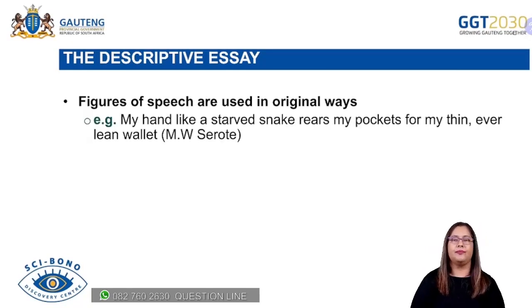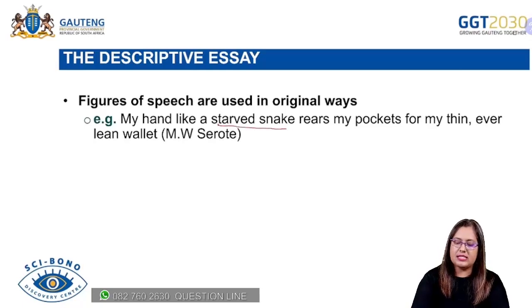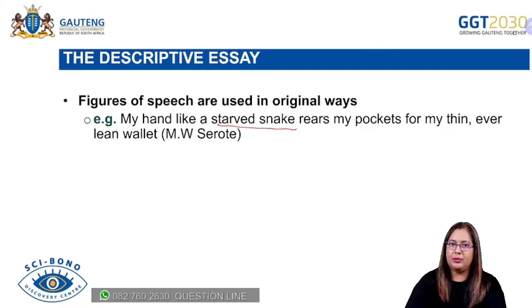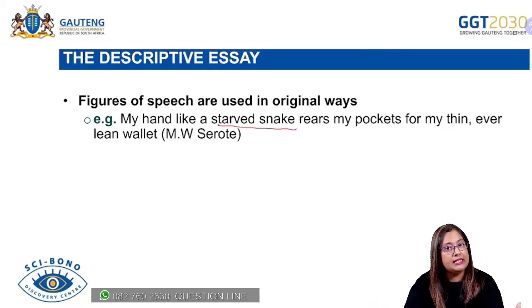For example, this one. My hand like a starved snake rears my pockets for my thin, ever lean wallet. So in other words, the person's just looking for their wallet, which is described as thin, meaning there's not much money in it or cards in it, okay, which will have a monetary value.